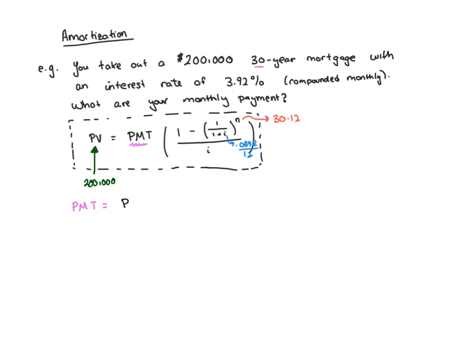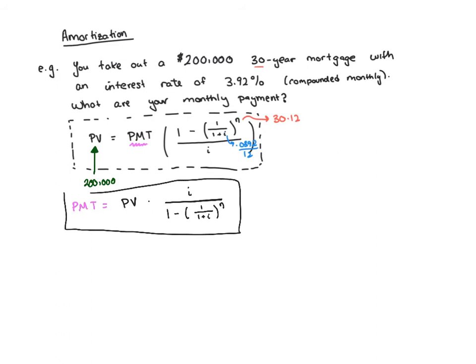So I'll still have that present value on my other side, and then the denominator will become my numerator, and the numerator will become my denominator. So I'm dividing over that fraction. Okay, so this tells me the payment if I know the present value, or the amount of the mortgage I'm taking out.